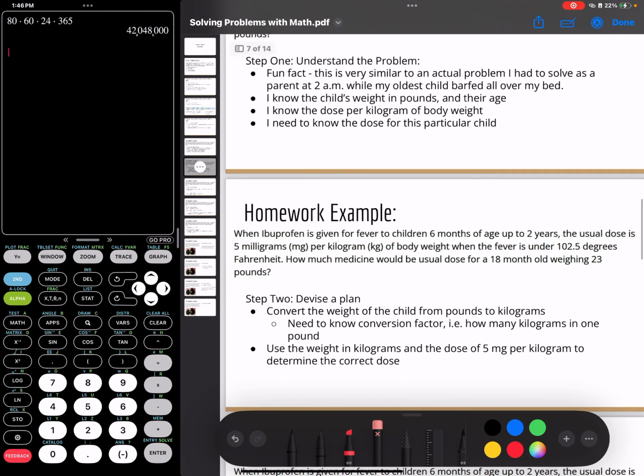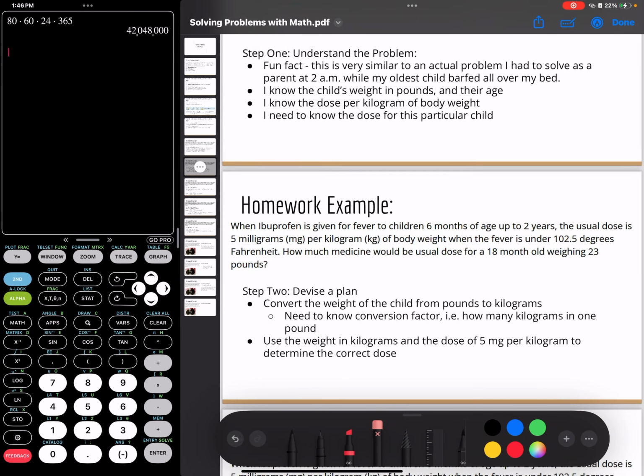In step 2, I have to figure out how to put those things together and make a plan. So I think what would work here, since I know the child's weight in pounds and their age, and I know their dose per kilogram, is if I can change pounds into kilograms.